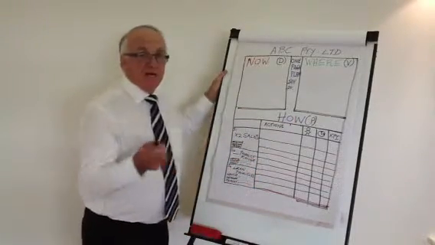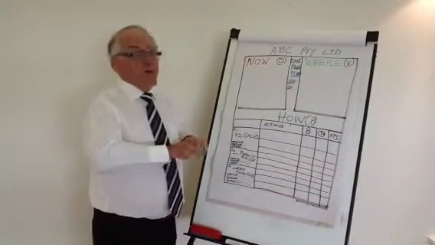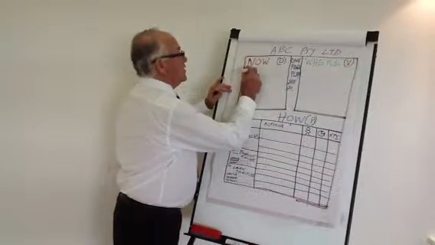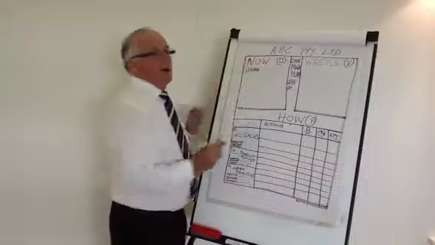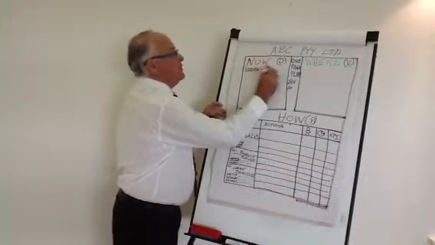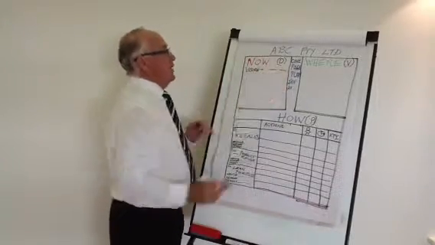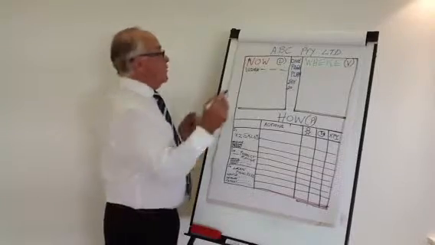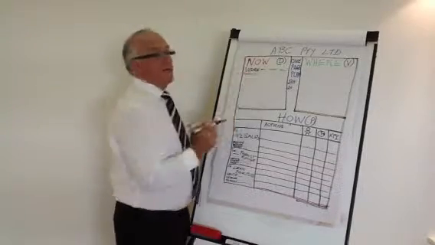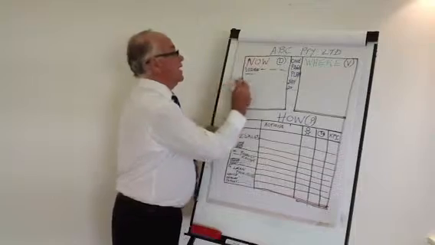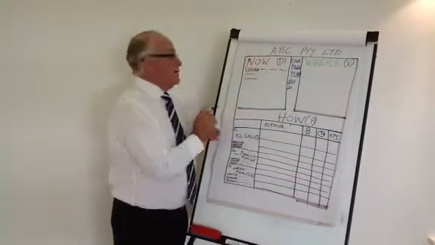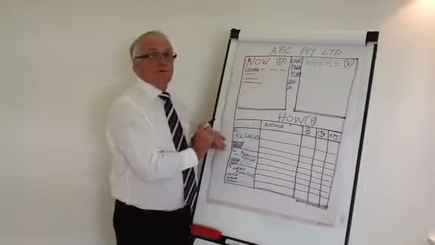So let's just start off with now, and let's have a look at where we are now. And for that we might have a look at something like, what's our vision like? What's our mission? What's our values? And what are our measures? We might also say, look, what's our marketing look like? What do our operations look like? What are our human resources or our people?